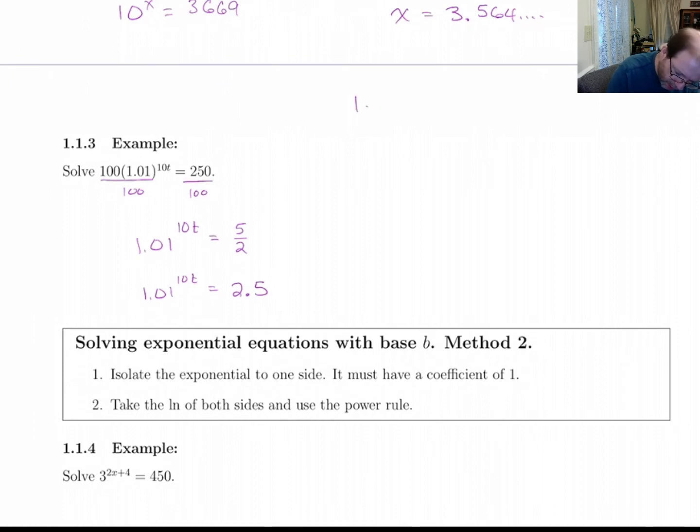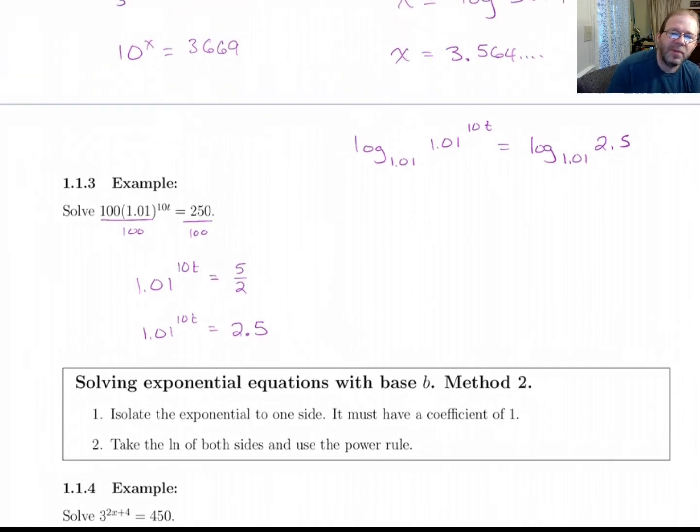So I'll do log base 1.01 of 1.01 to the 10t equals log base 1.01 of 2.5.